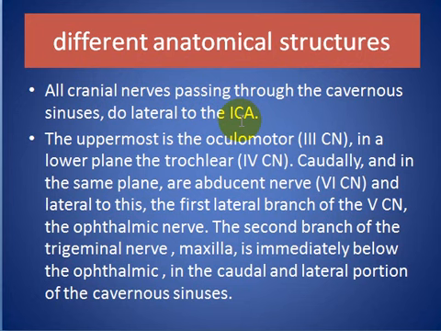Other anatomical structures in the cavernous sinus include the cranial nerves, which are lateral to the internal carotid artery. We have the oculomotor nerve in its uppermost part, and adjacent to it in the lower plane, the trochlear nerve, and in the same plane the abducent nerve, and lateral to this the ophthalmic and maxillary branches of the trigeminal nerve.